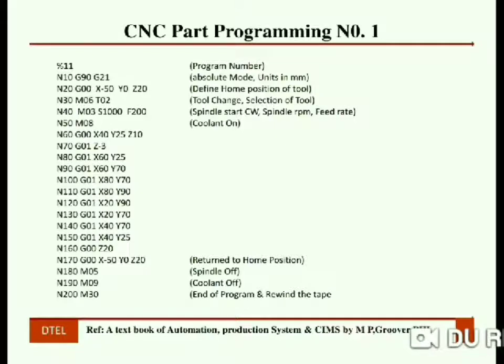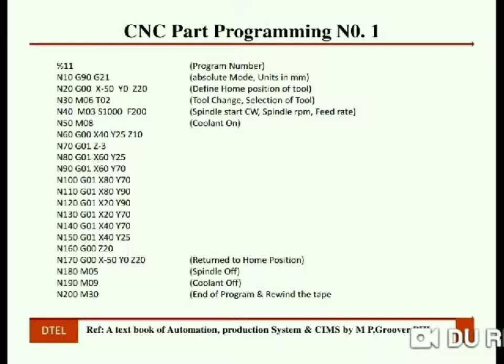Now N40, M03, S1000, F200. What is the meaning of this statement? It means we need to start the spindle in clockwise or anti-clockwise direction. As per our operation requirement, we have to select the miscellaneous code. M03 means spindle starts in clockwise direction.